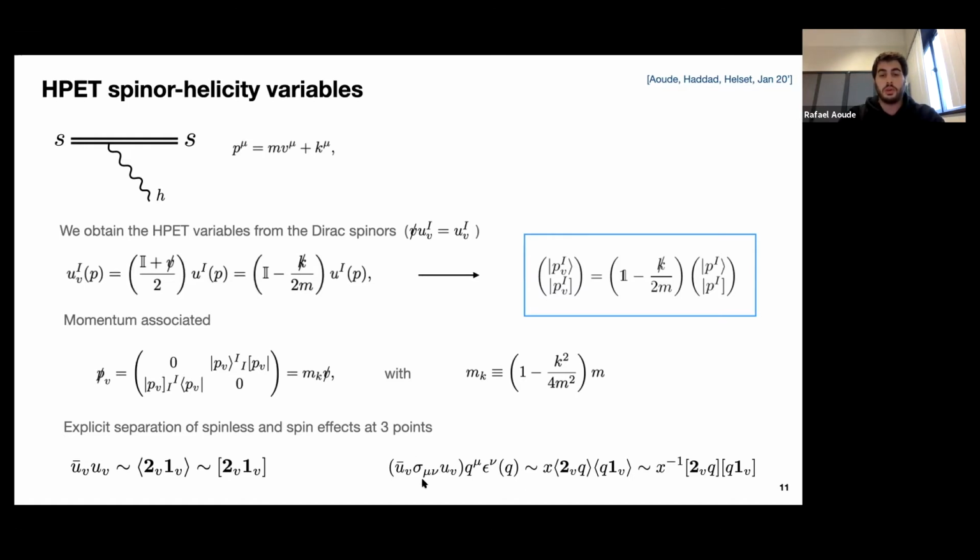However, if you calculate a purely spin effect, you start to enter with the x factor and the massless momentum in the angular brackets or in the square brackets. And this is a spin operator in the on-shell sense. So this is a very clear splitting between spinless and spin effects, which will be very useful afterwards when we try to draw conclusions.